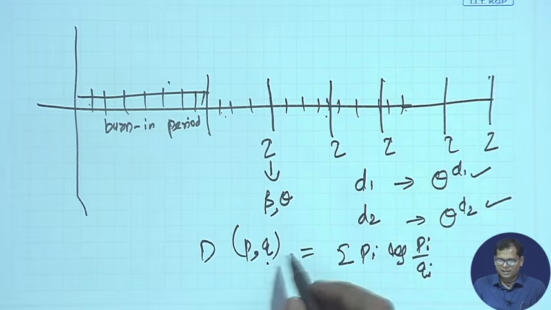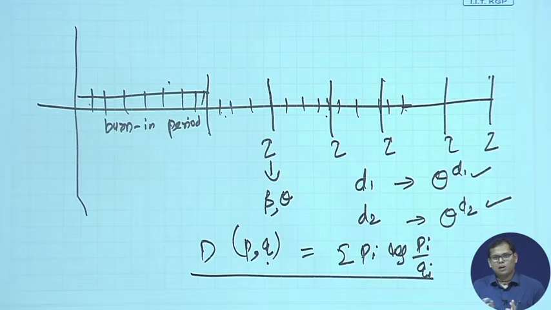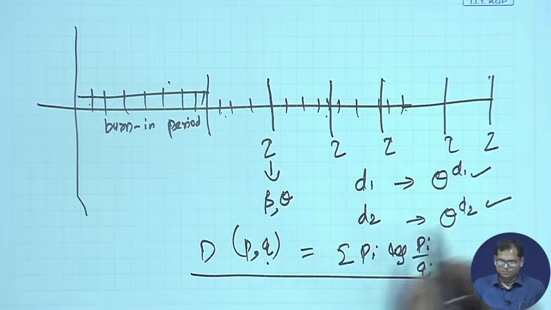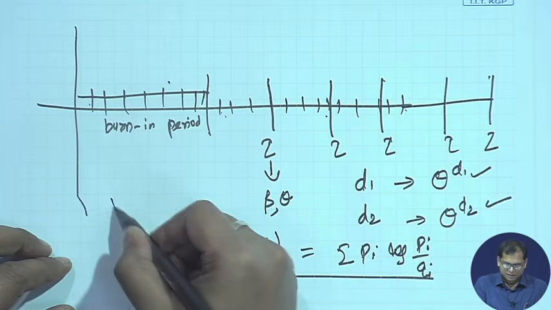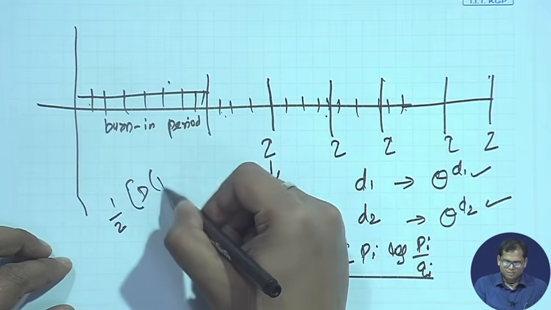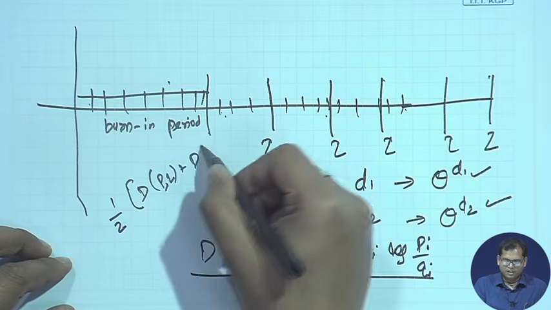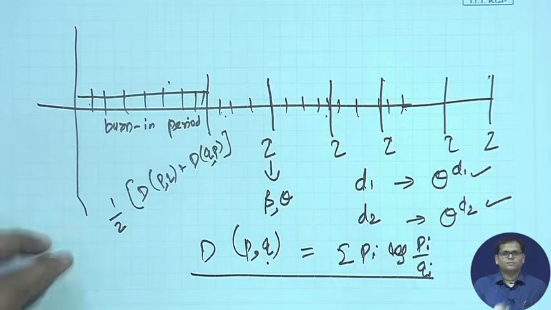That is one very standard measure of finding out how similar two documents are. Because this is asymmetric, you can also do something like 1 by 2 (DPQ plus DQP). So, you can also use that as some sort of distance metric.